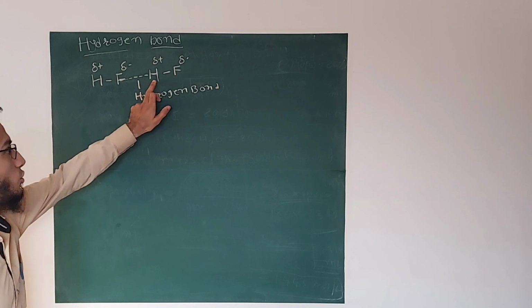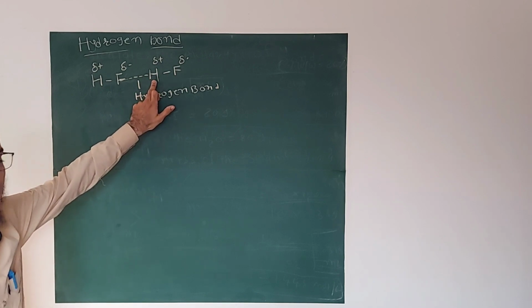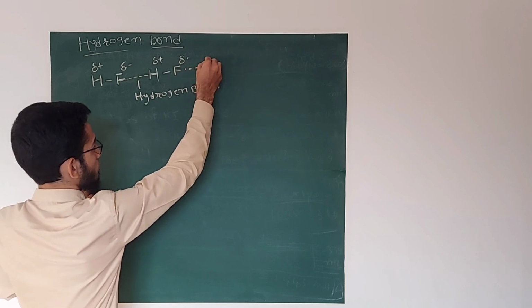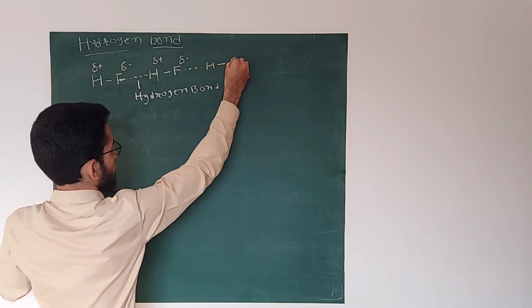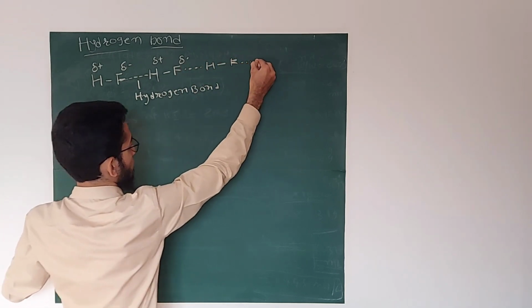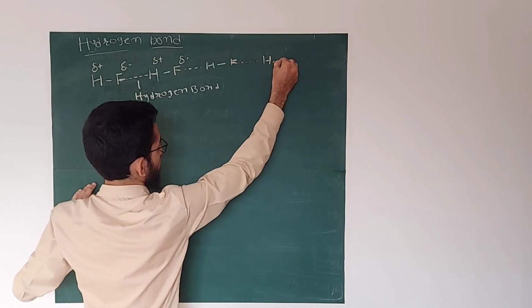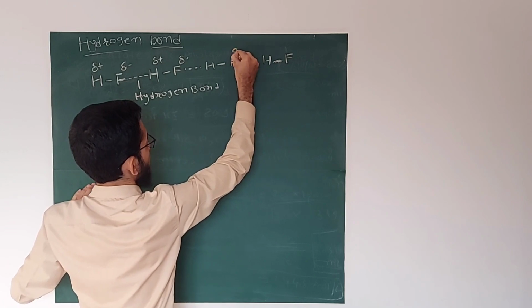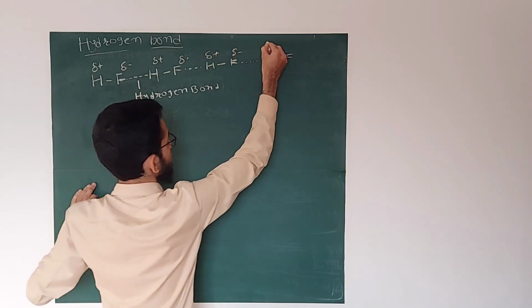So here you can see that this hydrogen bond acts as a bridge. Why? I am drawing another molecule. Delta minus, delta plus.